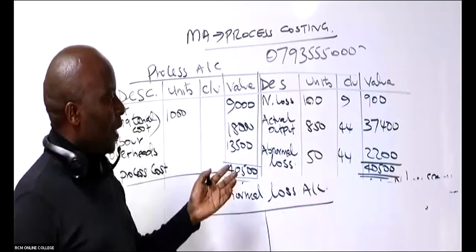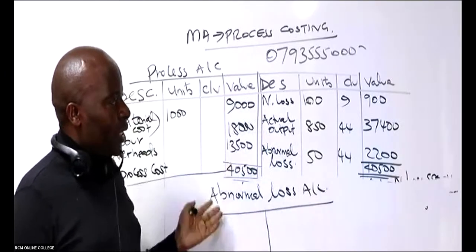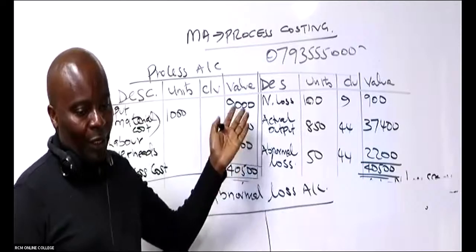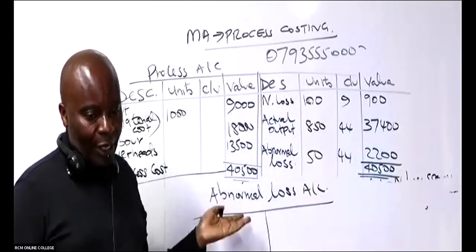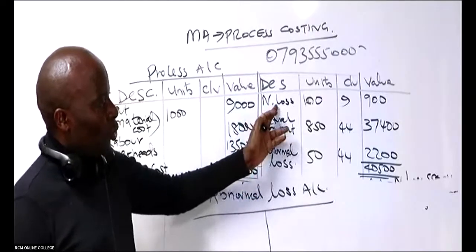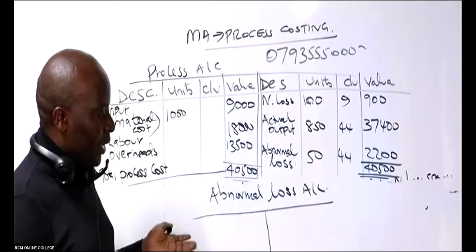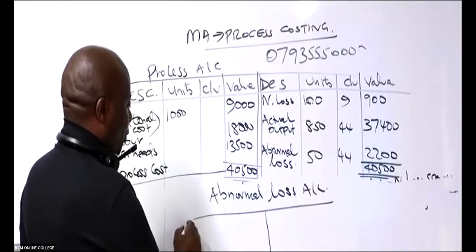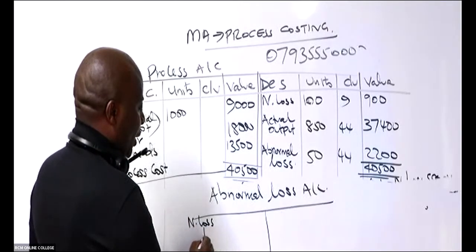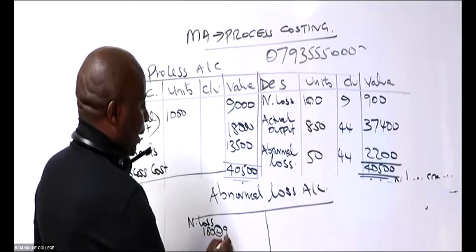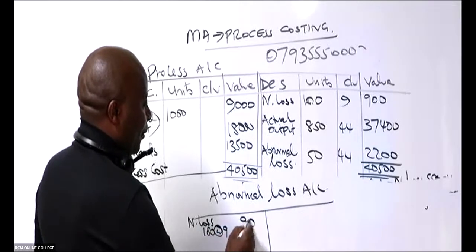Now you bring the normal loss here. The normal loss was credited in the process account, so it will be debited here. So we have normal loss, 100 at 9, giving us 900.